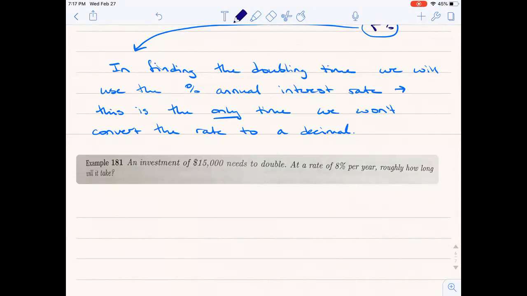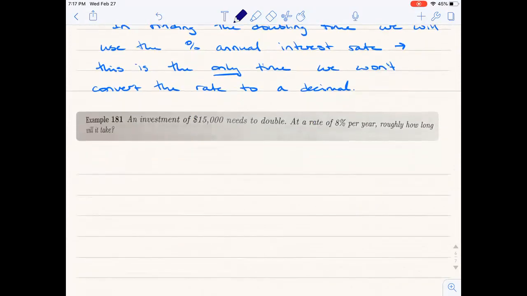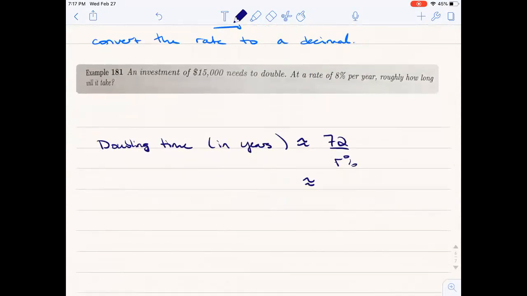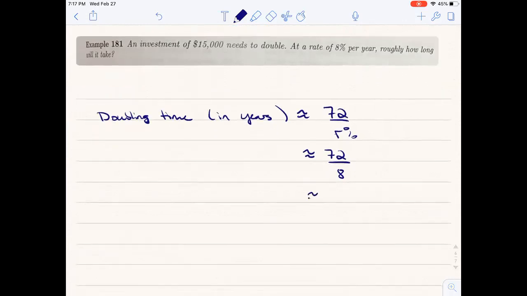Or if you just want it to double, you can use the rule of 72, which says that the doubling time in years is roughly equal to 72 over r%, which in this case is going to be 72 divided by 8. Roughly 9 years.